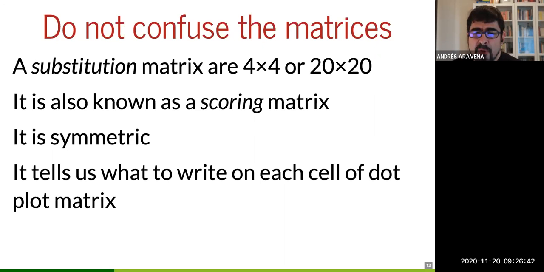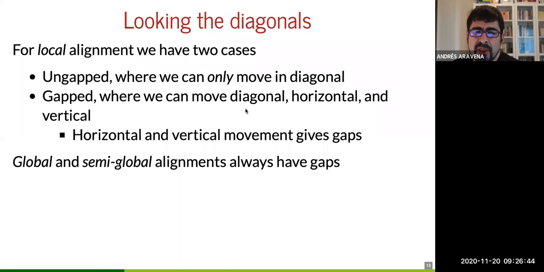And the other comment that I want to make before going on is that for local alignment, we have two approaches. One is an ungapped local alignment, and essentially you are looking for a subsequence that matches exactly a subsequence in the subject. Remember, local alignment is a subsequence in the query aligned to a subsequence in the subject.